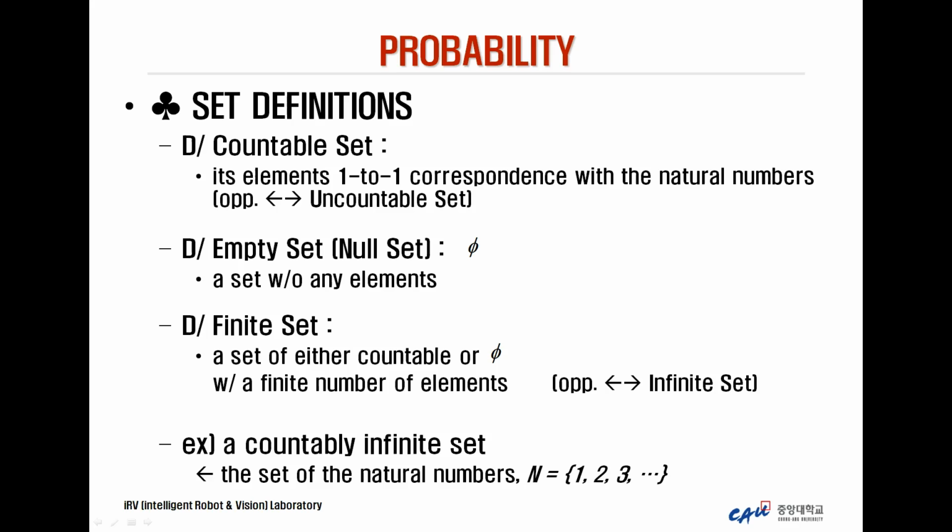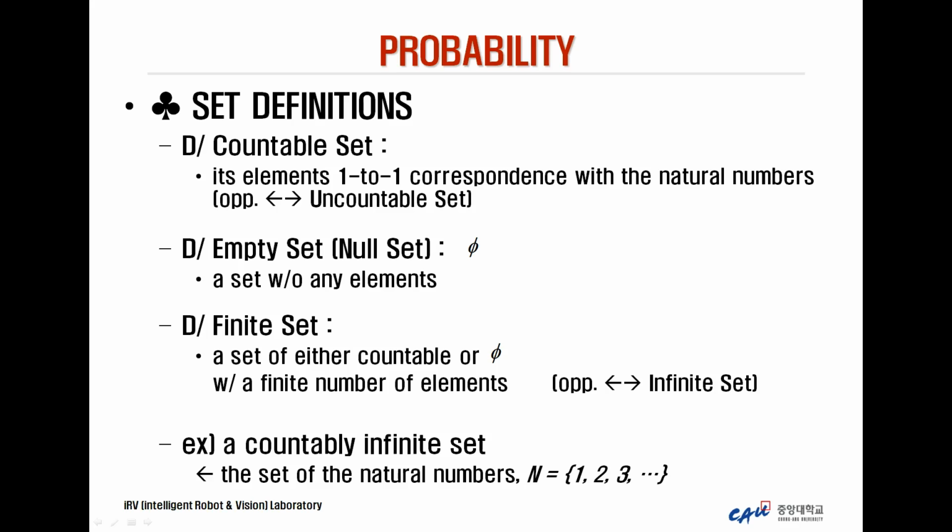And a finite set is a set that is either countable or the empty set, so with a finite number of elements. That means the number of elements inside the set is not infinite. And the opposite concept is called infinite set, of course.